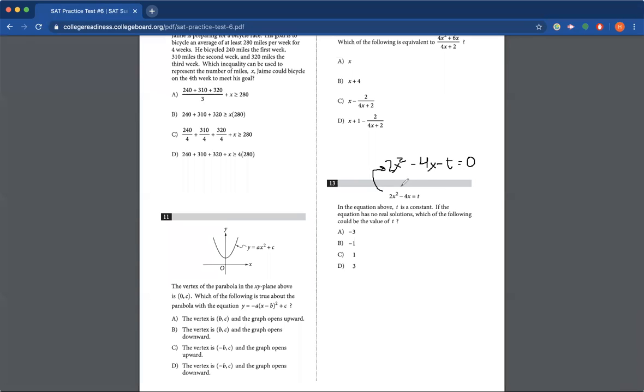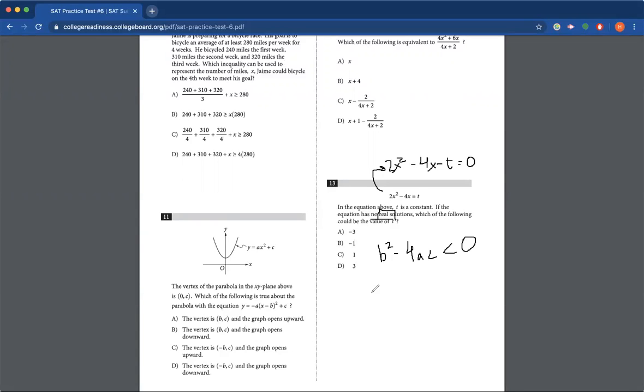Now, I talked about the discriminant. Because they want no real solutions, we have to ensure that our discriminant is less than 0. Basically, you don't even need the square root, because the square root doesn't really matter. We want this to be less than 0, and if it is, then we're going to get no real solution.